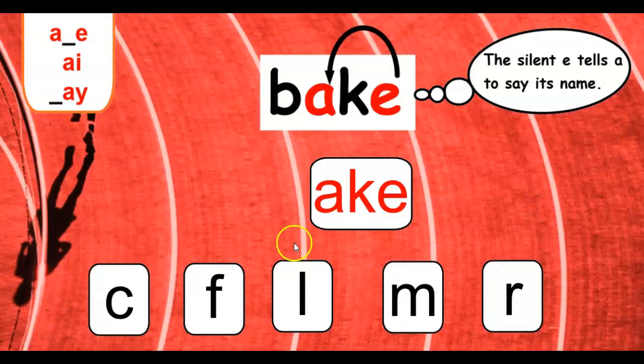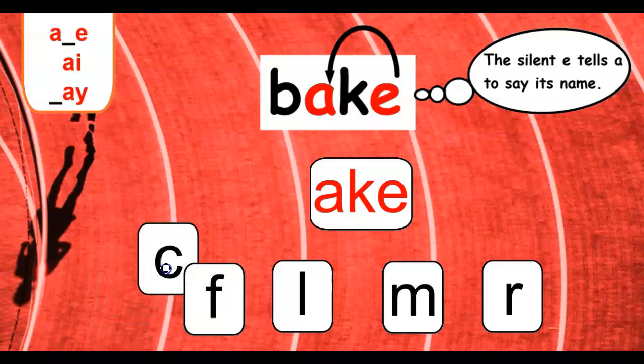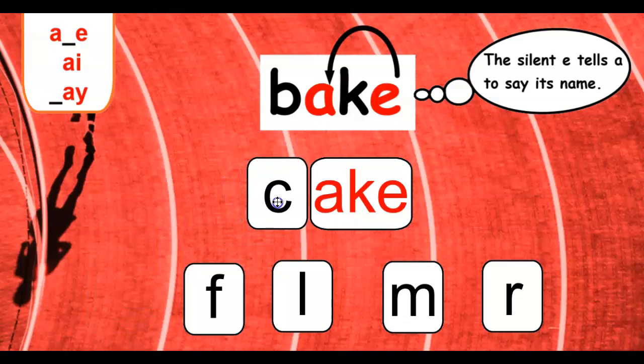Now, I am going to show some letters, and we are going to see what happens when we add each of these letters to the ache sound. Ache. So let's start with C. C says K. So if I were to put C in front of ache, what would we hear? K. Ache.